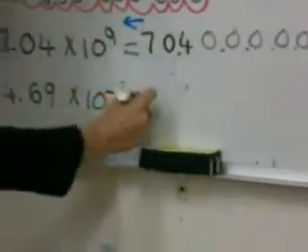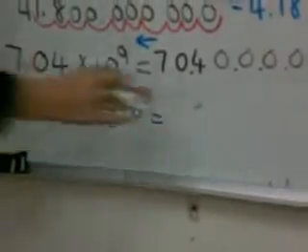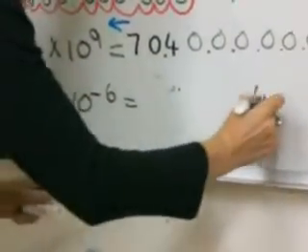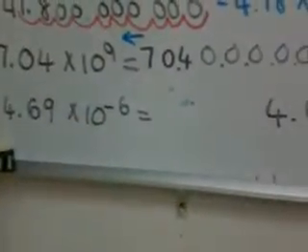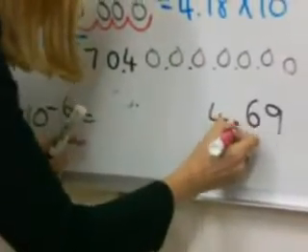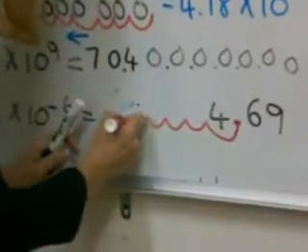This one here is to the negative, which means I'm going to have to go back the other direction, because now I'm doing the opposite from writing in scientific notation. So this is 4.69, okay, and I'm going to go back 6 places. So let's go back 6 places from the decimal point. That's where we start. 1, 2, 3, 4, 5, 6.